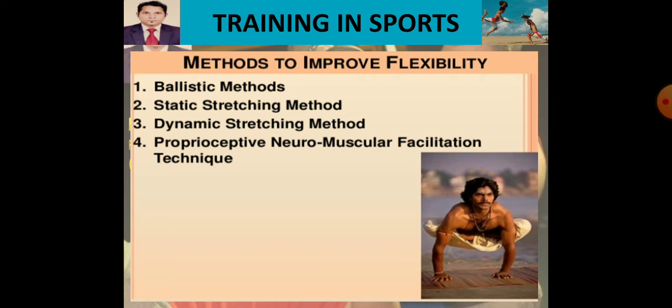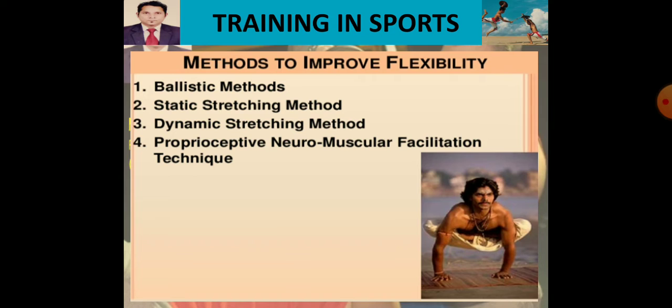Ballistic is the word that denotes movement and turn. We must understand the ballistic method. While we are in motion and can show flexibility, we can turn, we can bend maximum in the range.